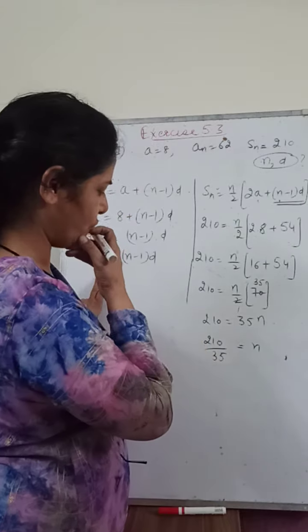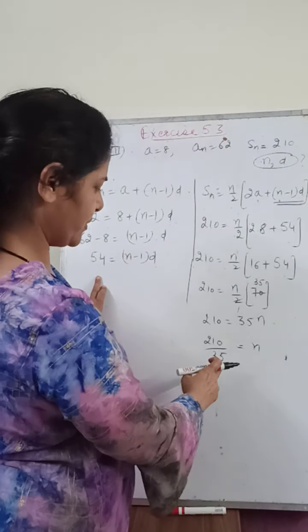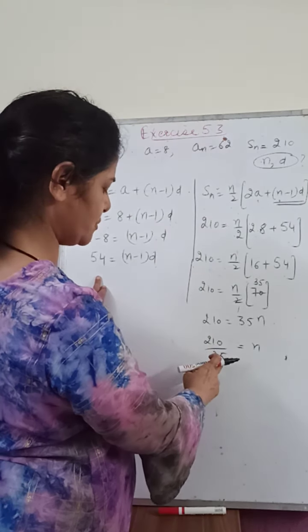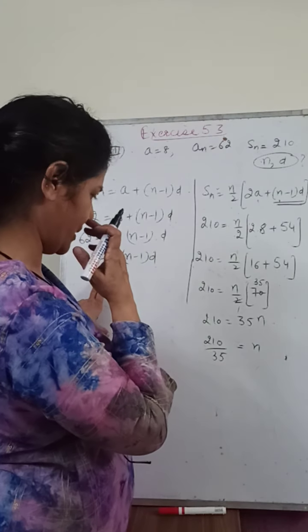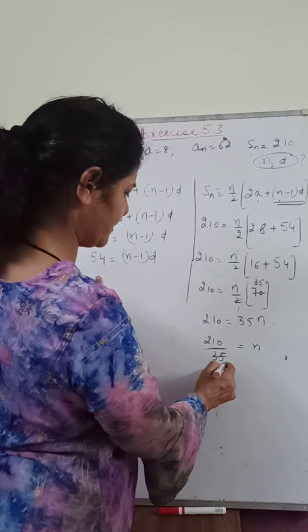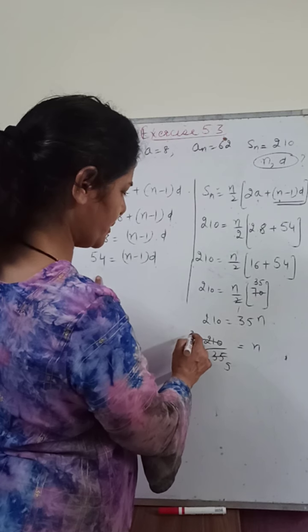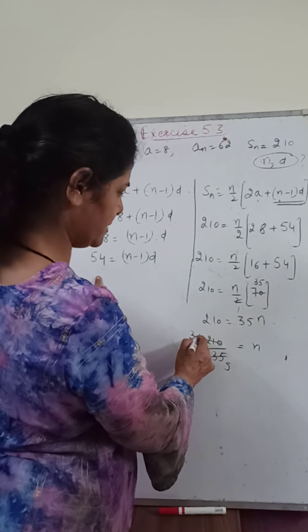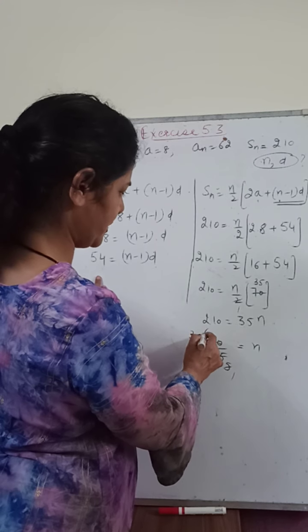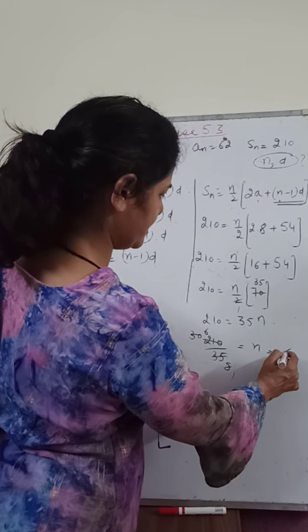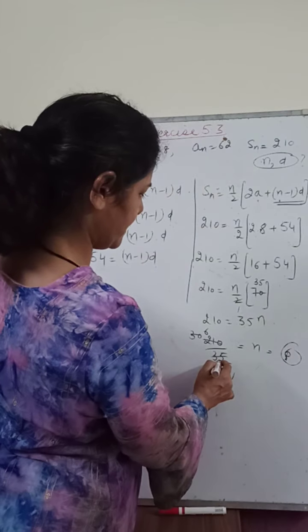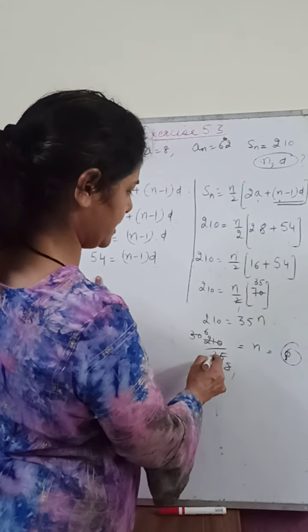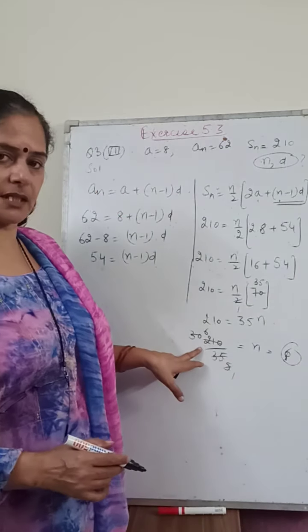I think it will go by 4... no, it will go by 6. 7 5s are 35, so n comes out to be 6. Yes, it will go by 6.